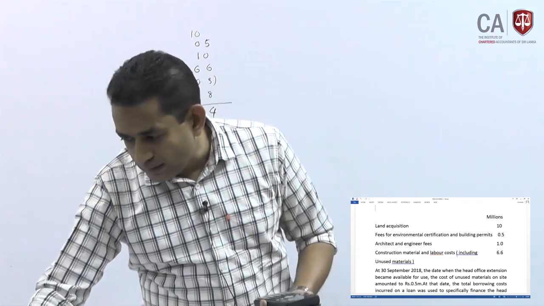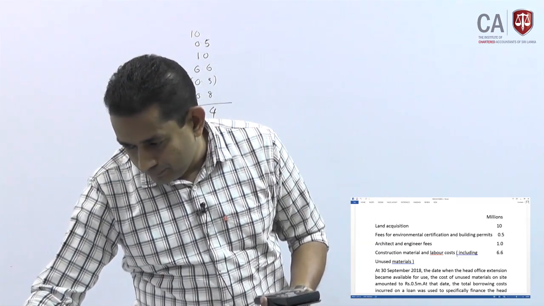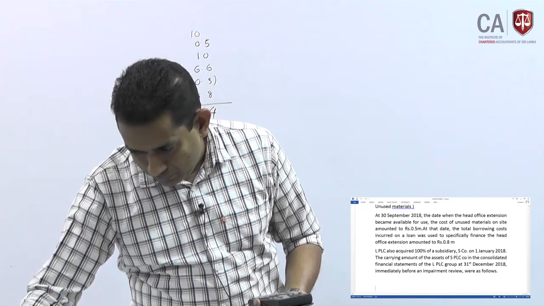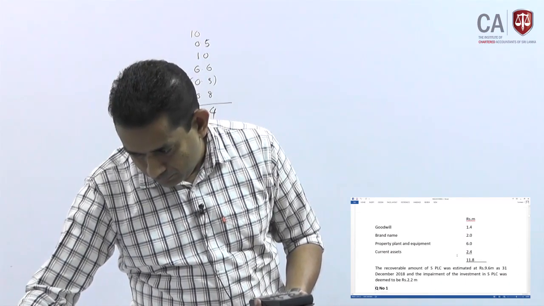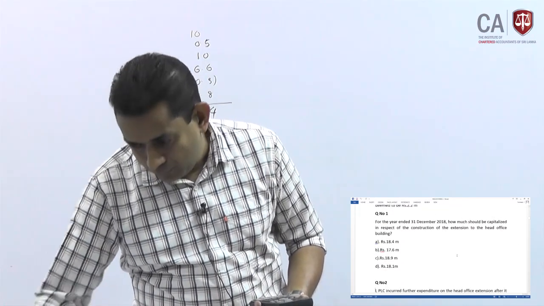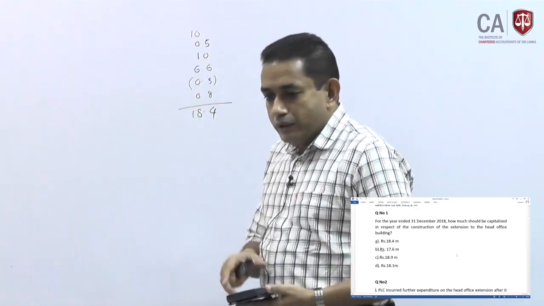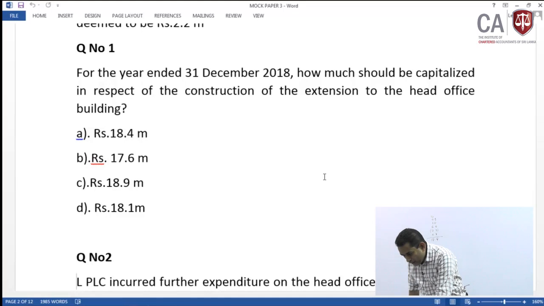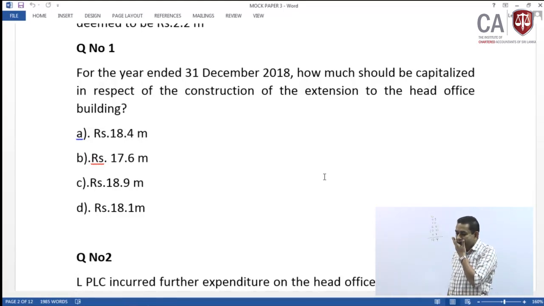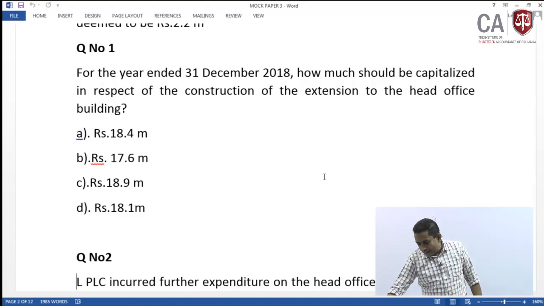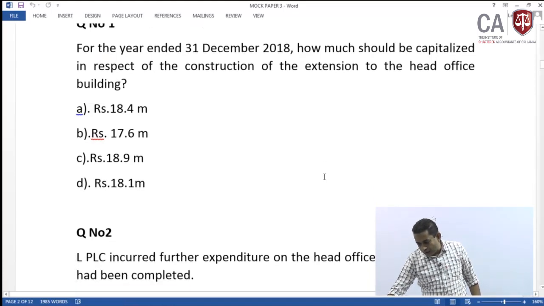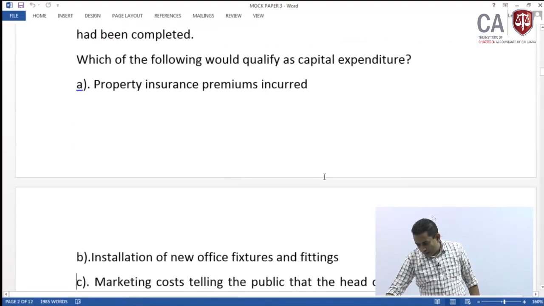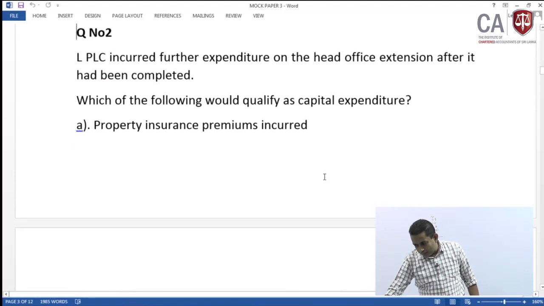The total cost is 18.4 million. So 18.4 has to be the total cost of the building. So the answer has to be part A, 18.4 million, the cost of the building, directly attributable cost until the building was prepared to bring it to the required level.